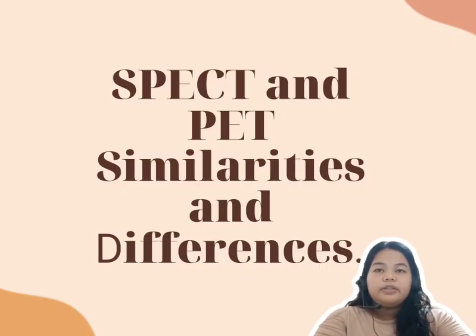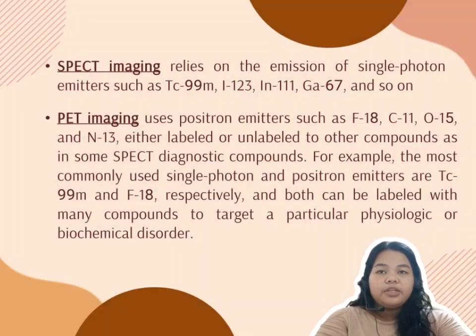And now let us move on to SPECT and PET similarities and differences. SPECT imaging relies on the emission of single photon emitters such as technetium-99, iodine-123, indium-111, gallium-67, and so on.